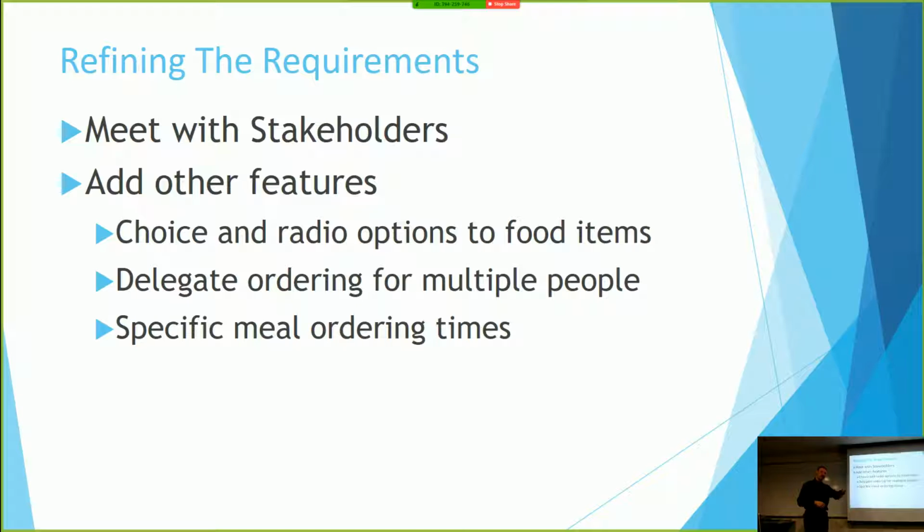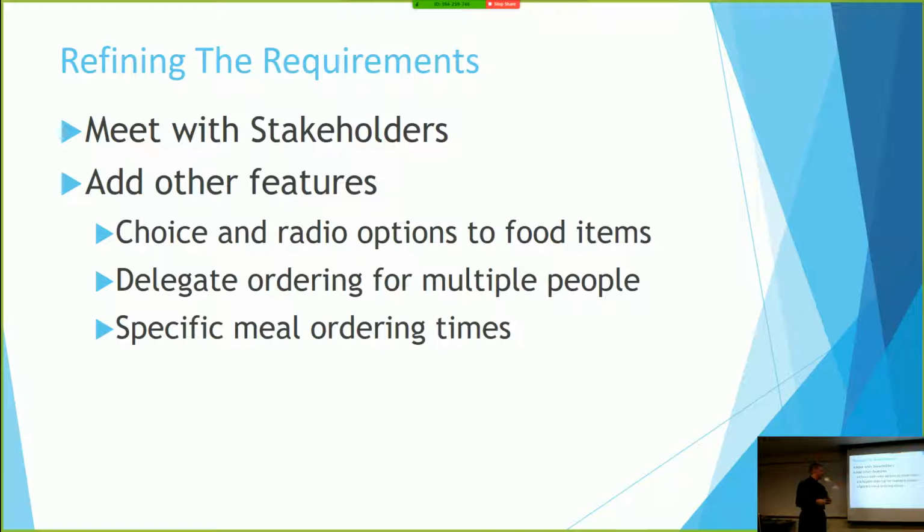So you have a radio button for that type of option. But if you're looking for adding lettuce, tomato, onions, mustard, and ketchup to a sandwich, well, that's not a radio type option. That's more of a selection option. So there was choice and radio options added to it in order to do that.